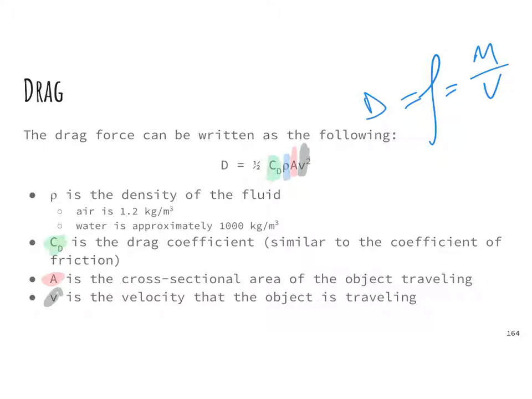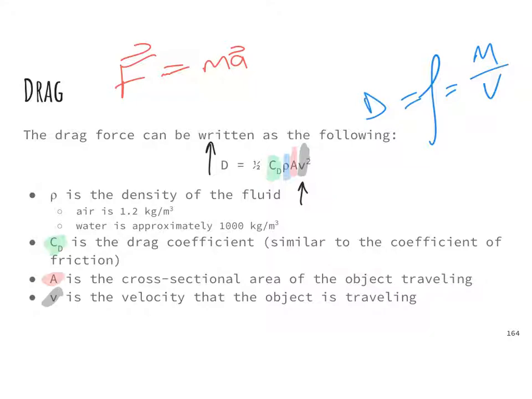So v is the velocity of the object. I can see that as velocity increases, the drag force that I experience will also increase. So the faster and faster I go, the more drag I experience, because I'm pushing more and more molecules out of the way. Now, the problem with this is that we know that forces cause acceleration.